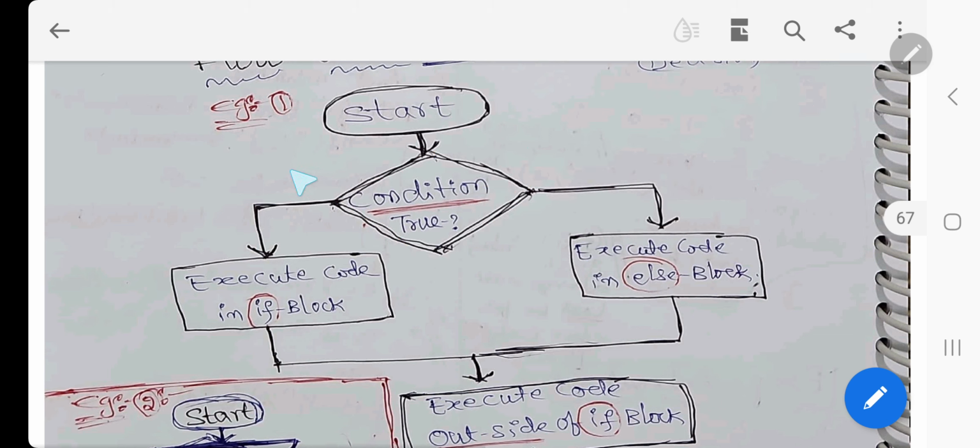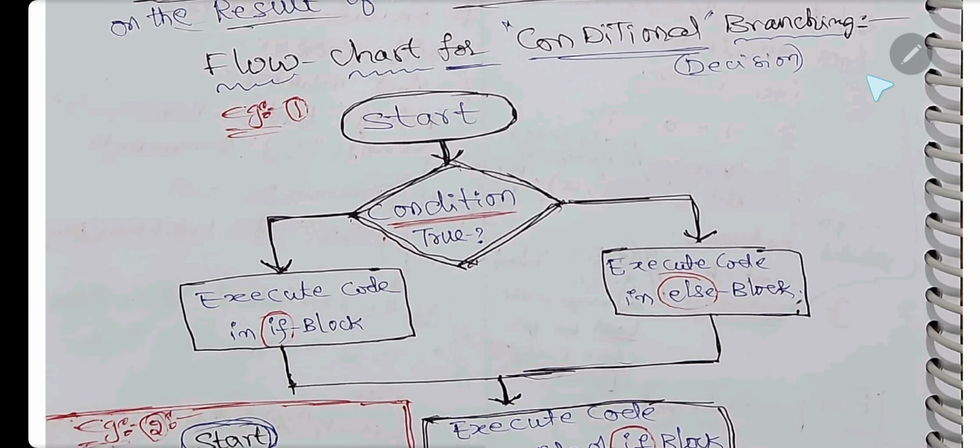And if it is yes, if it is true, I will show you with a marker. If it is yes, this will be printed, and if it is no, this will be. If the condition is satisfied, this will be printed. If the condition is not satisfied, this will be printed. Execute the code in the if block, execute the code in the else block, right?